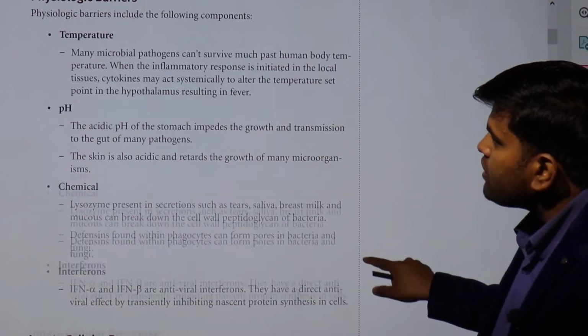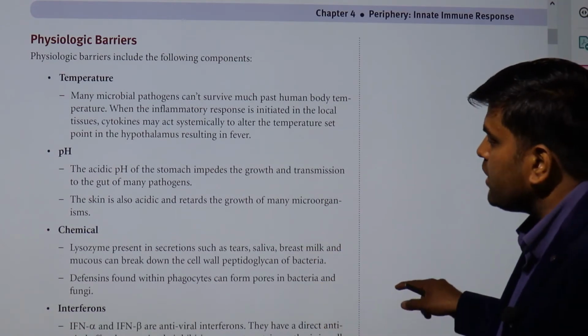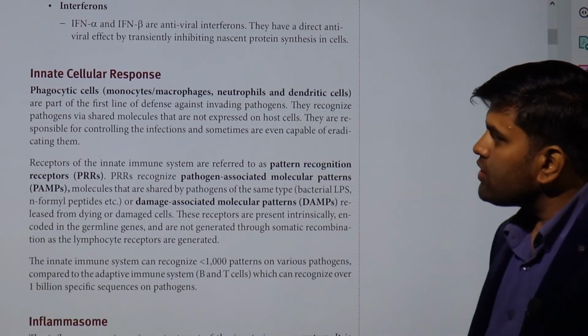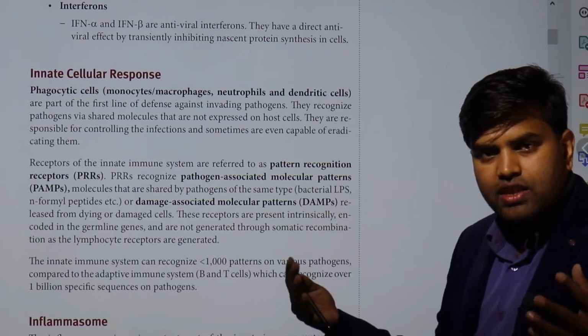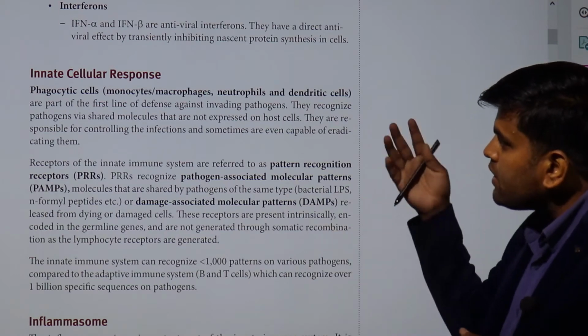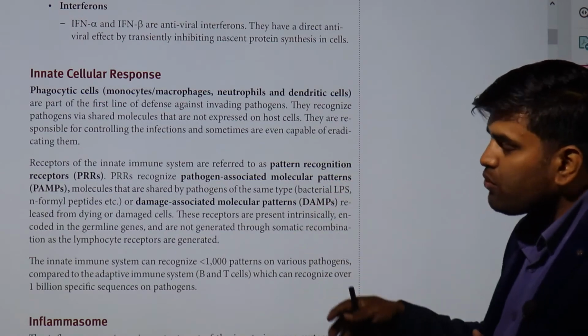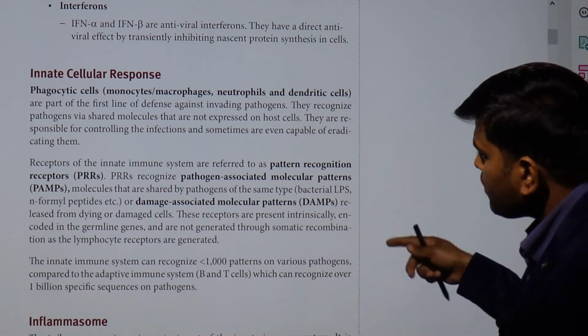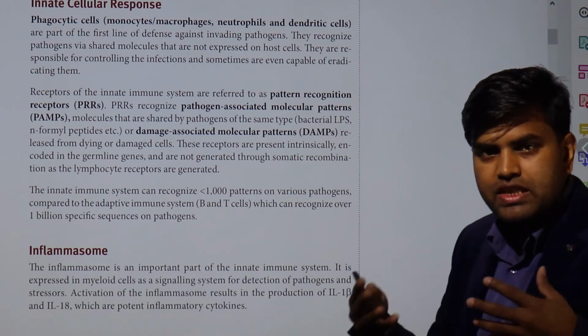There was another physiological barrier that is also preventing the organism or inhibiting the growth of the organism. Then there was the innate cellular response. That is, once the pathogen has entered inside, now what happened? The phagocytic cells, the neutrophils and macrophages, come and play their role and try to clear the infection. If they are also not able to do it, then they activate this inflammasome that releases the cytokines.